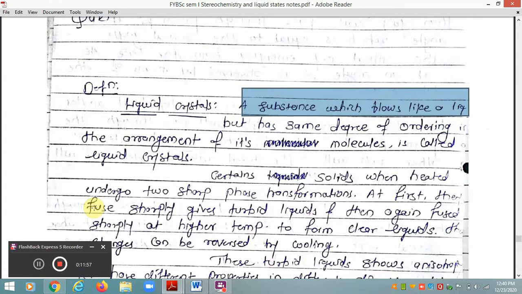So it shows the properties of solid also, and it shows the properties of liquid also. It flows like a liquid, but there is an arrangement of molecules or atoms in a structure, and it's called the liquid crystal.